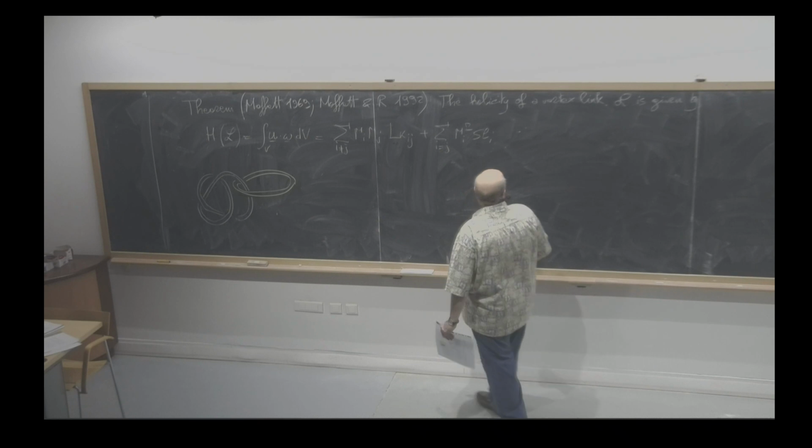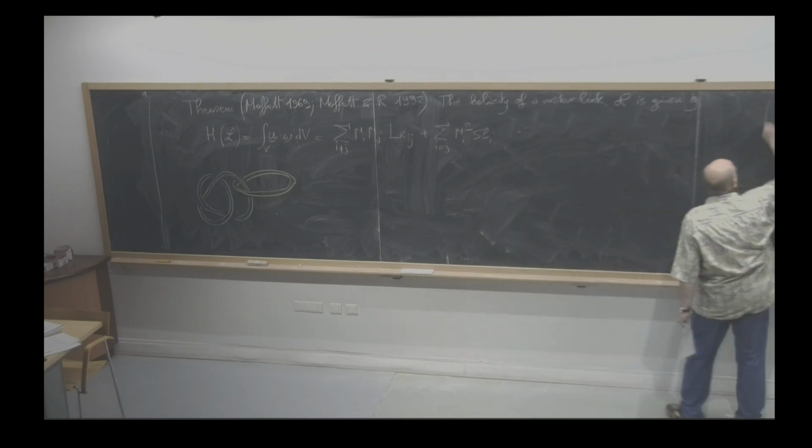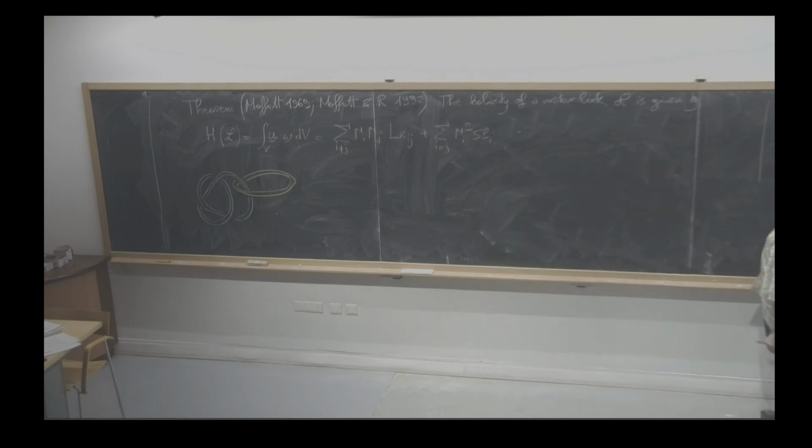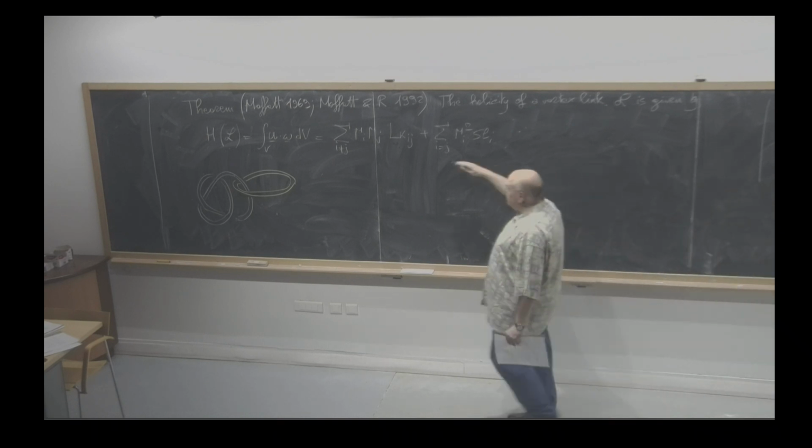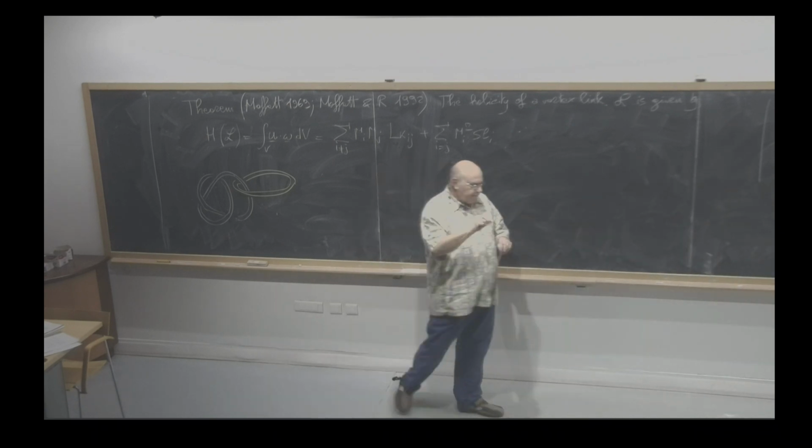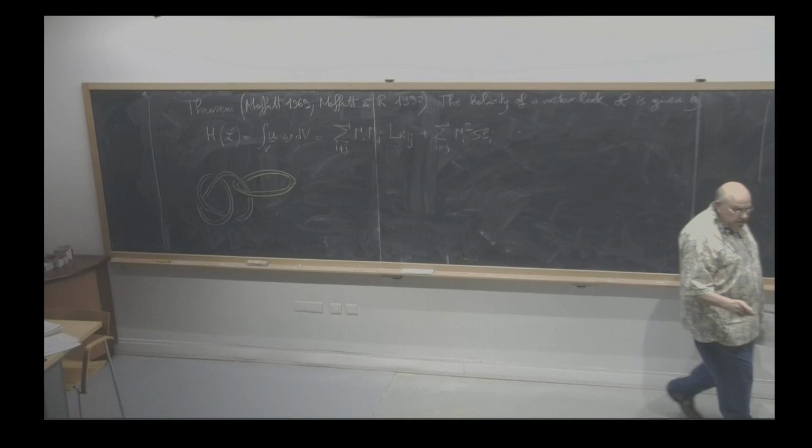By the way, why not? I can mention there is an extension of Arnold, I can't remember the year, 1974 perhaps, where he extends the same statement to field lines.